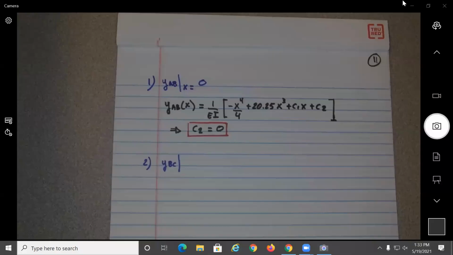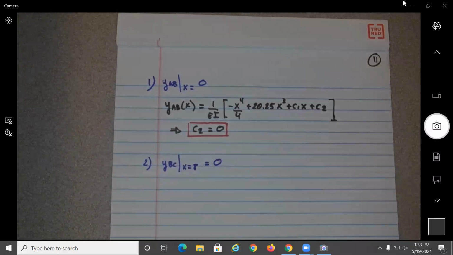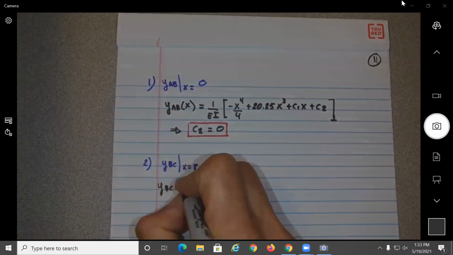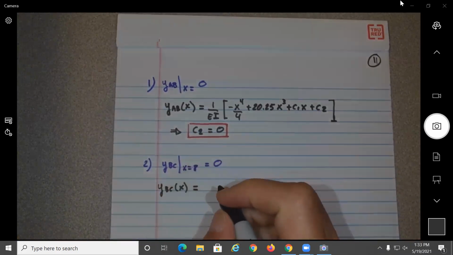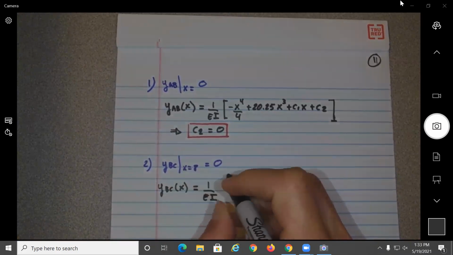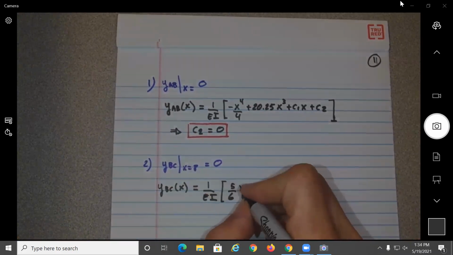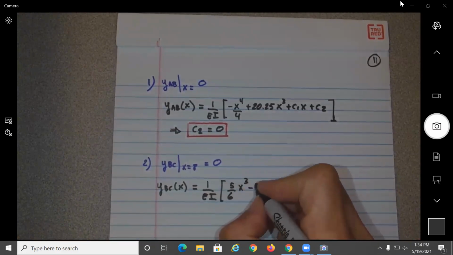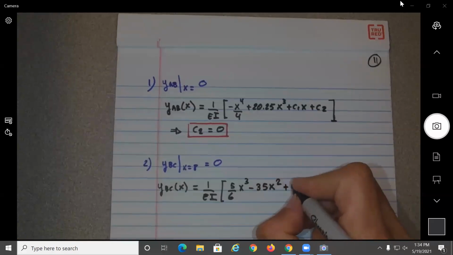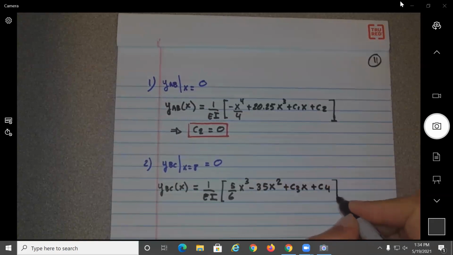So Y of BC at X equal 8 equal to 0, and Y of BC of X was given by 1 over EI times 5/6 X cubed minus 35 X squared plus C3X plus C4.